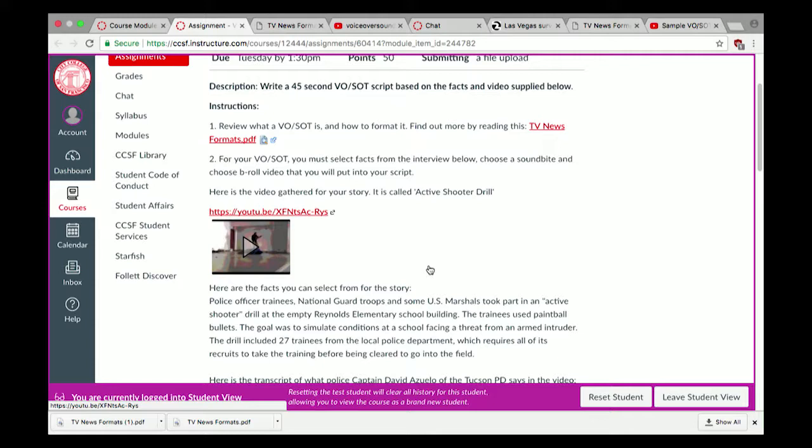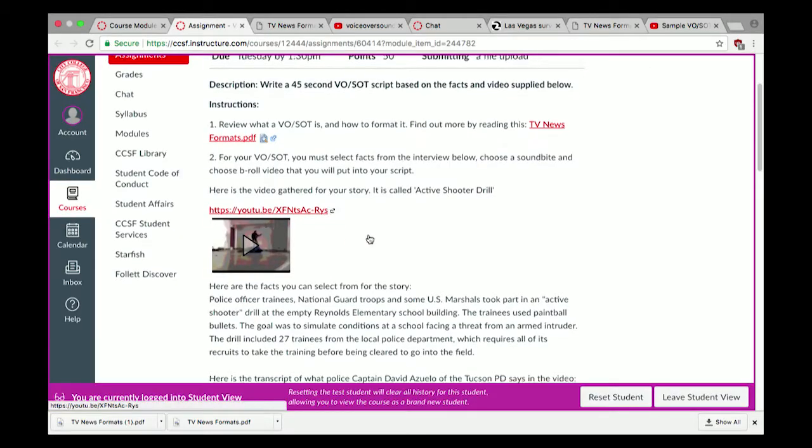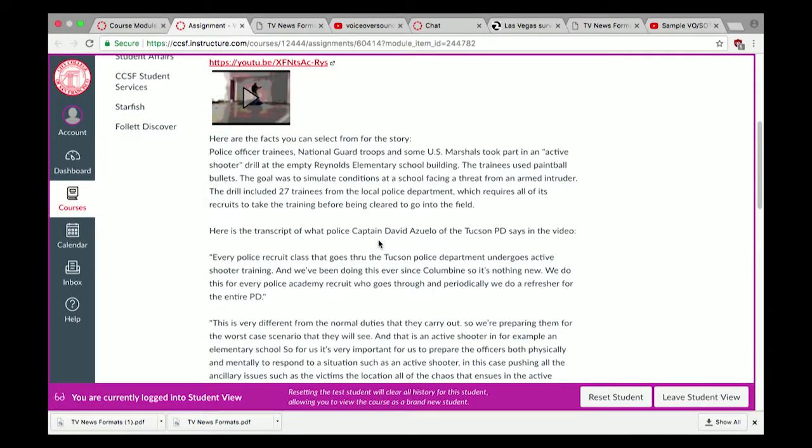And then here's the assignment itself. You have a reel of footage that I've put up on YouTube for you of a police training activity, and your job is to take whatever visual cues, whatever shots you want to use from those two to three minutes of video, and put them into the video side of your script.